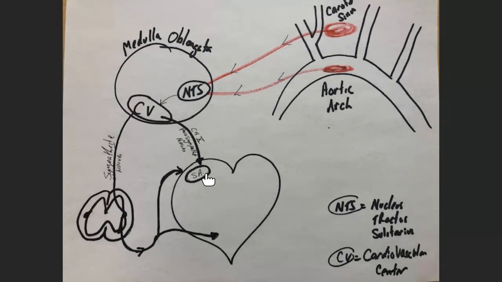So let's say, for example, we have a high blood pressure state. That chronically high blood pressure is going to be detected at the carotid sinus and aortic arch baroreceptors, and through cranial nerve 9 and 10 respectively, fire that information into the nucleus tractus solitarius. It's going to relay into the cardiovascular center.